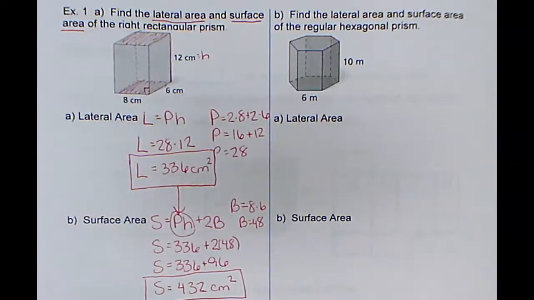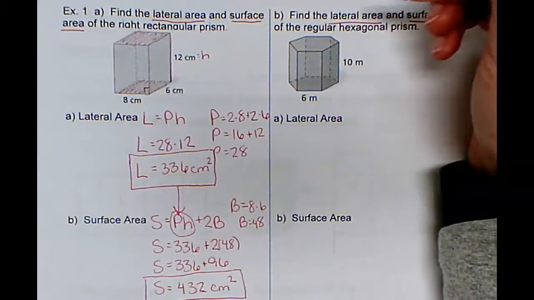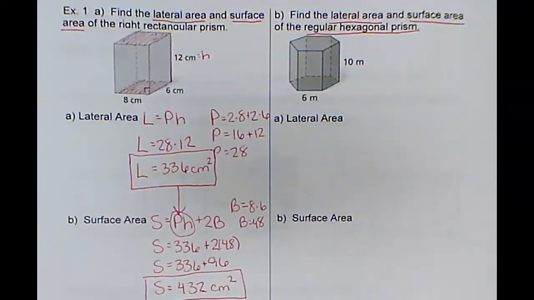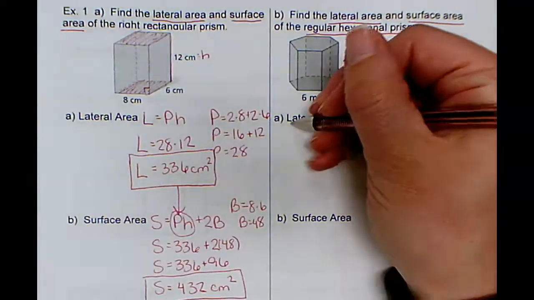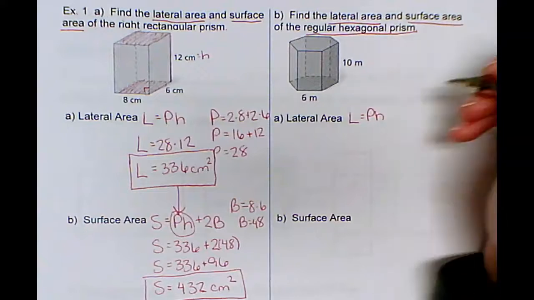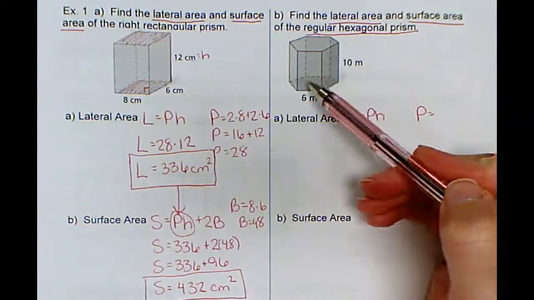So example 1 had the lateral area and the surface area required for a right rectangular prism. But problem B asks for the lateral area and the surface area, again, this time of a regular hexagonal prism. So we might have a little bit more work to do with this one. The lateral area formula is the perimeter of the base, right? Well, we know that this is a regular hexagon for the base.